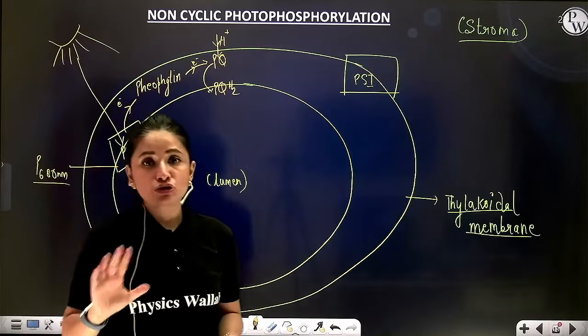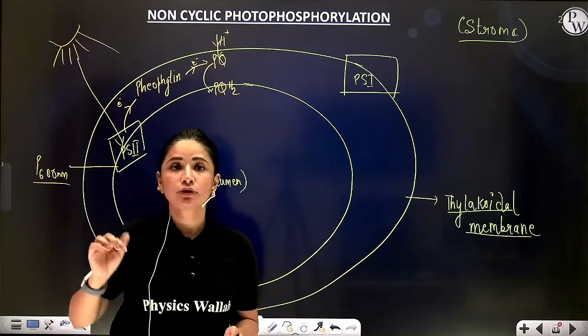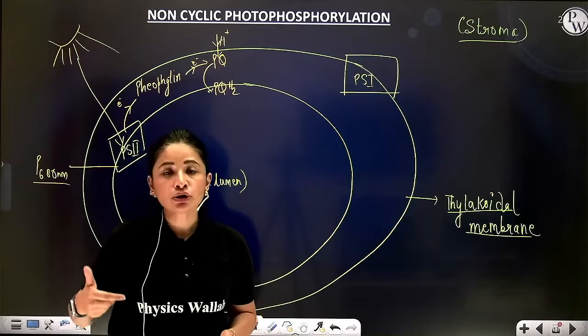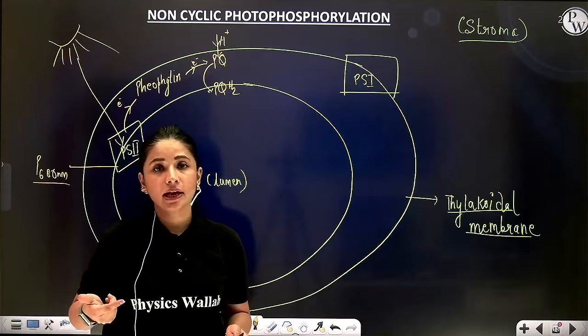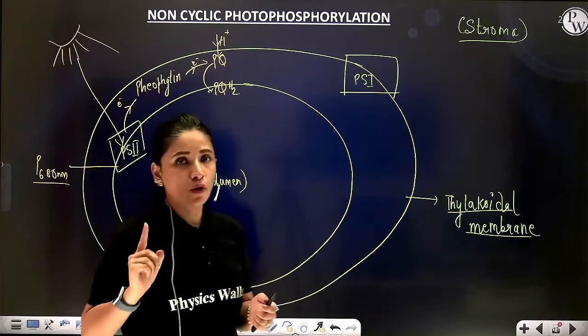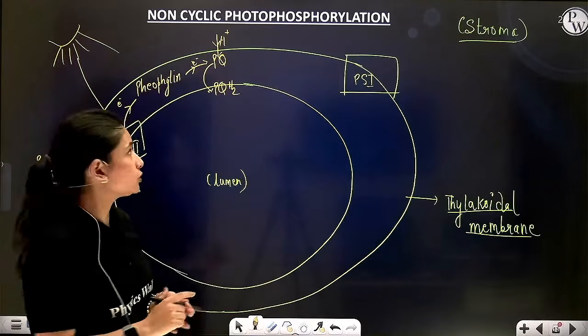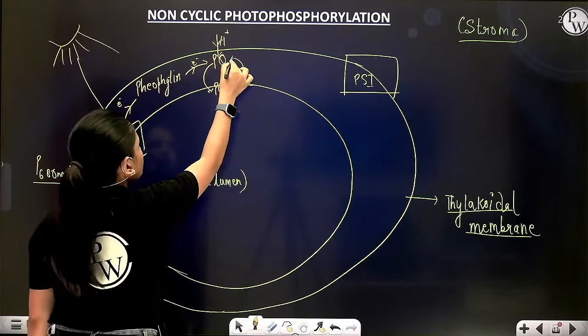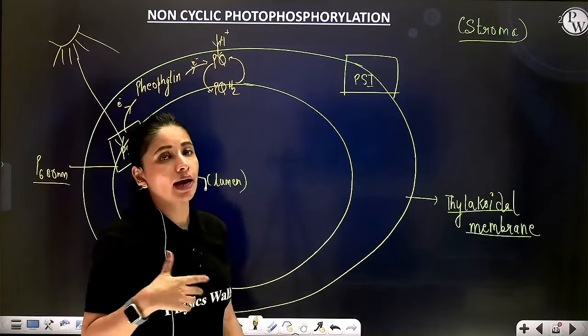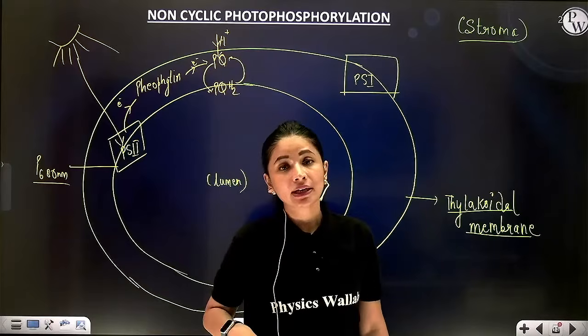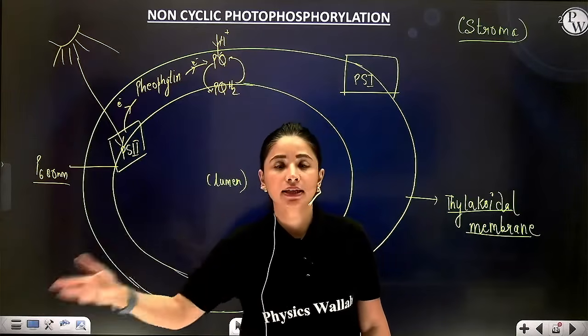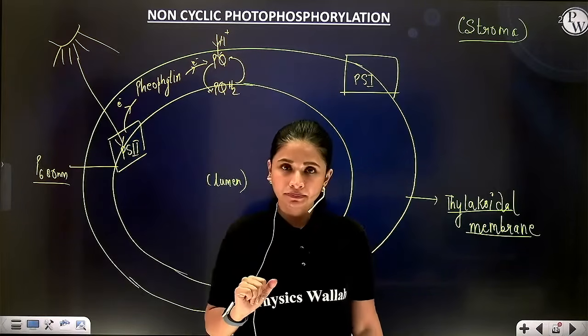However, it does not want to remain in its reduced state. It wants to convert itself into its original form. So now what is it going to do? It is going to pass the electron and proton, whatever it has accepted, to some other acceptor.